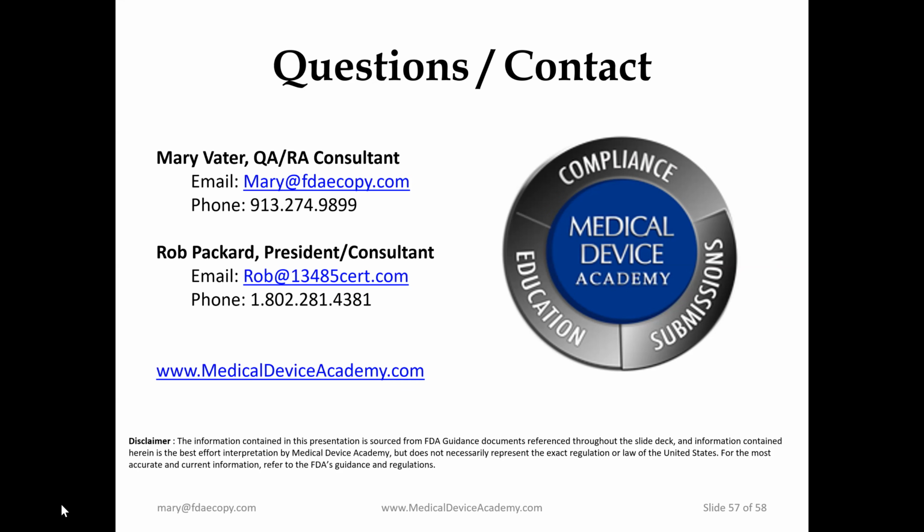I remember one of the examples was unit testing: for moderate, they're looking for a summary of what unit testing you did, and for the major level of risk, they're looking for much more detailed information on what unit testing was done and what the results were. Is that correct, Mary? Yes.